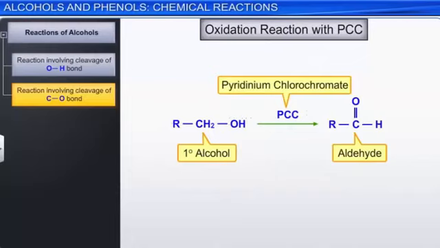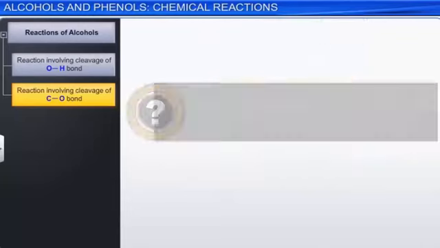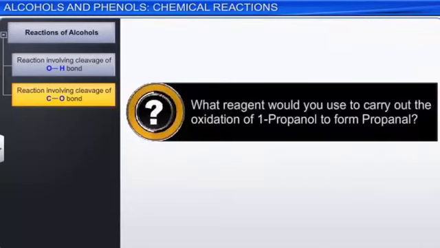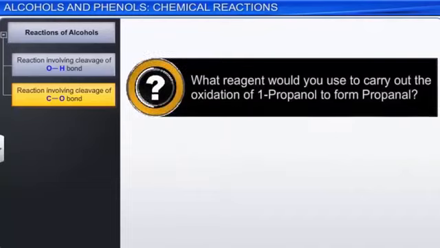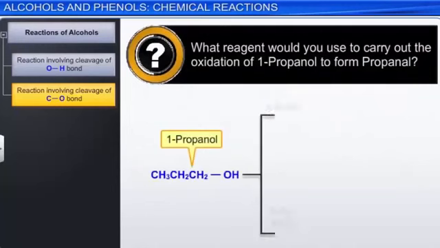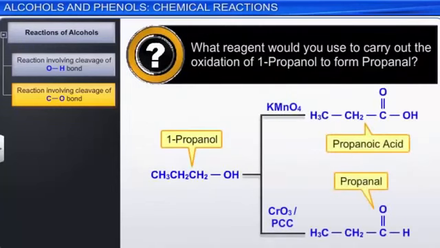What reagent would you use to carry out the oxidation of 1-propanol to form 1-propanal? From the structures, we see that this reaction converts a primary alcohol into an aldehyde. Therefore, we don't want to use potassium permanganate, which would make a carboxylic acid.